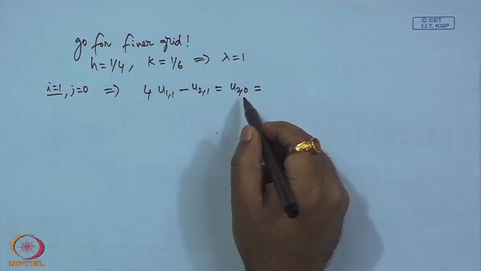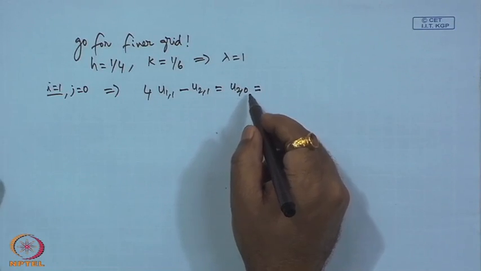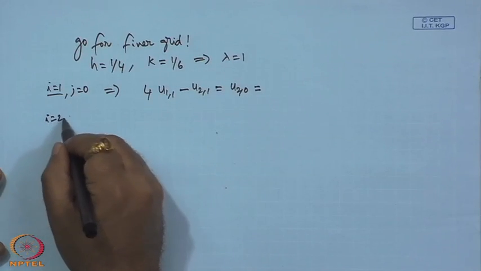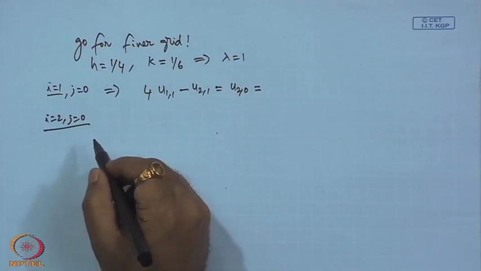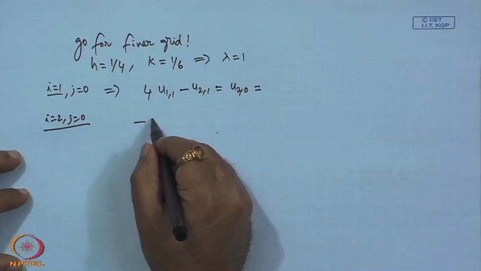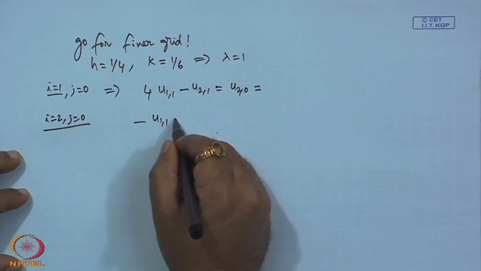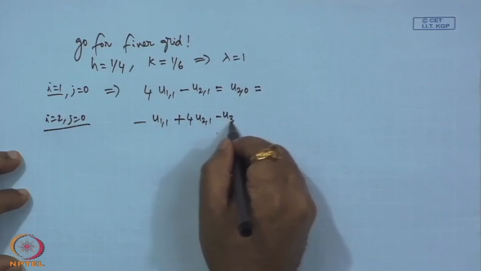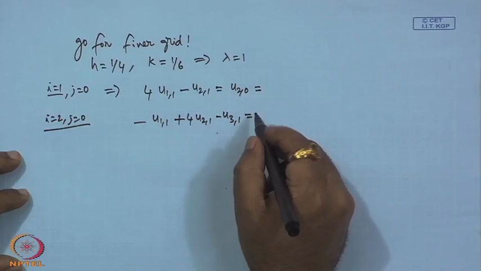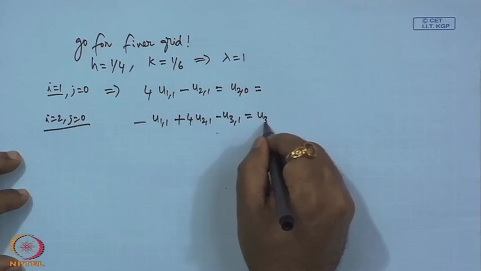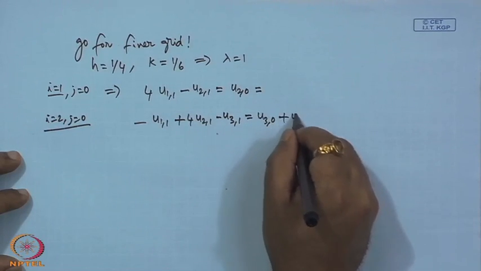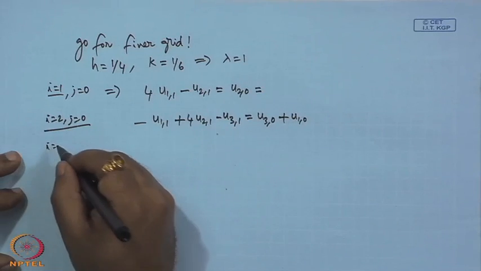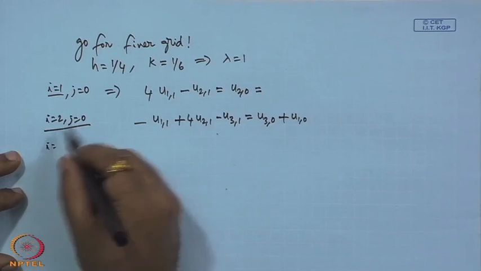Okay. So, now if you go for i equals to 2, of course, j remains the same, then we have minus u 1 1 plus 4 u 2 1 minus u 3 1 equal to u 3 0 plus u 1 0. Then i equals to... so h is 1 by 4.